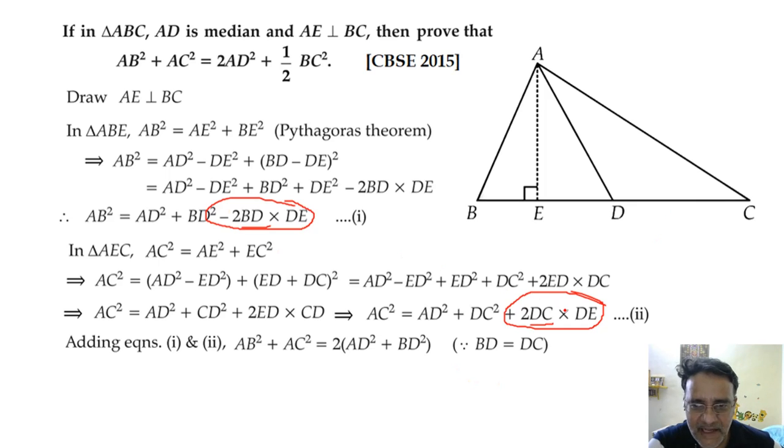So these 2 will be cancelled and we are getting AD square plus DC square. DC को replace करेंगे BD से. So AD square 2 times AD square, BD square 2 times BD square. ये स्टेप क्लियर हो गया. अदरवाइज what we can do, यहाँ पे जो equation 2 लिखे हैं यहीं पे हम लोग इसको BC कर लेते हैं. That would be better. BD.